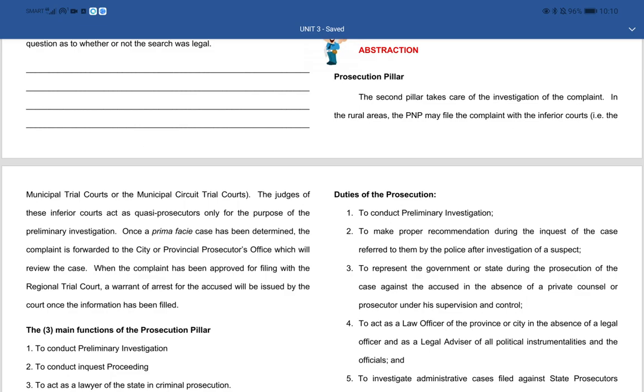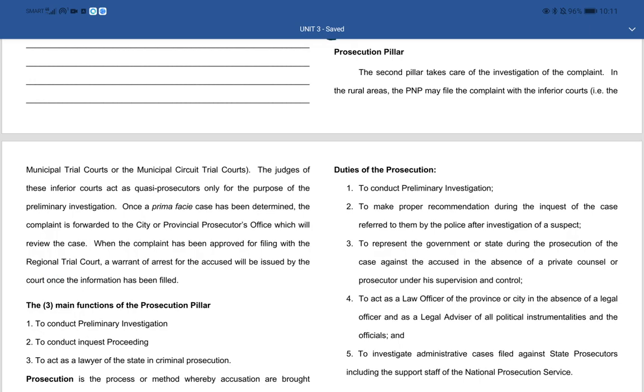Meaning, the police, as the first pillar, will arrest a person, then investigate, then file a case with the prosecutor, and the prosecutor will now determine the probable cause. If there is probable cause, then we will go to preliminary investigation. Later, we are going to talk about preliminary investigation.